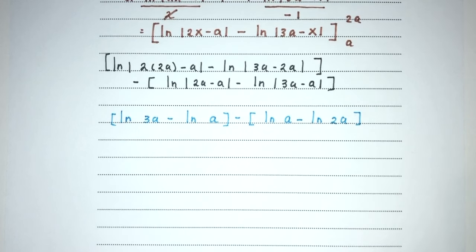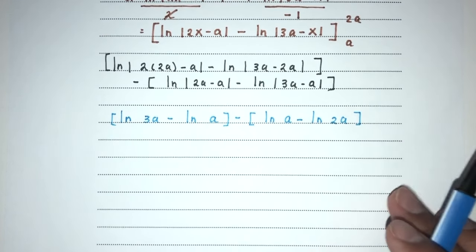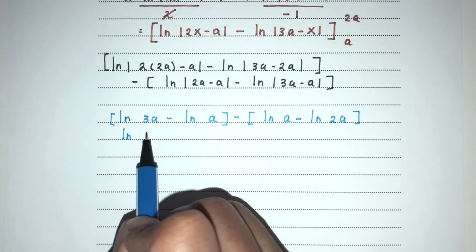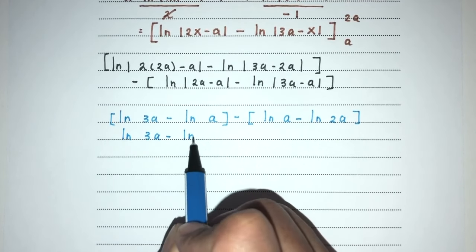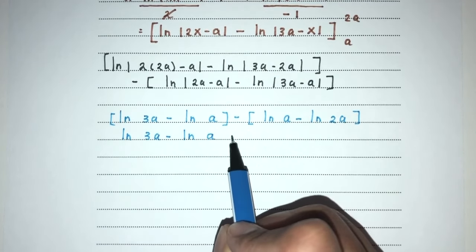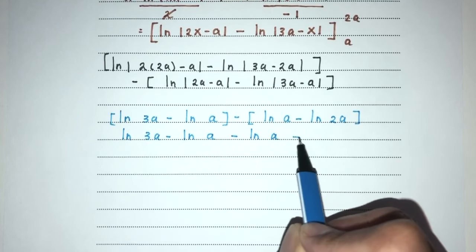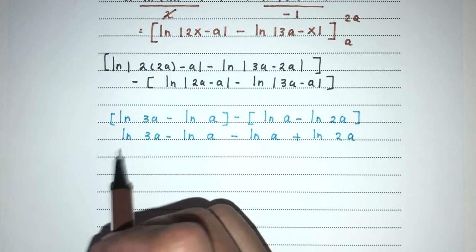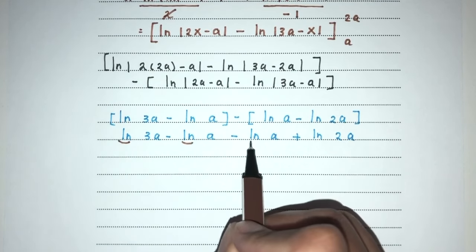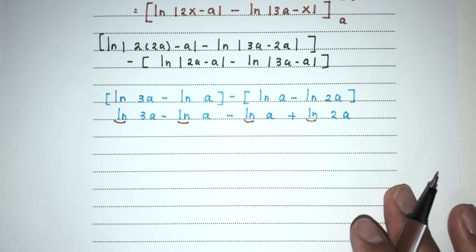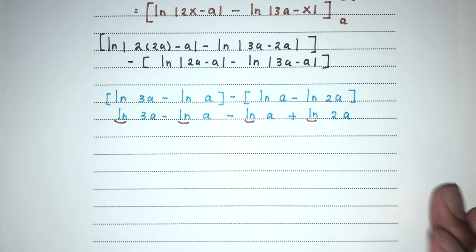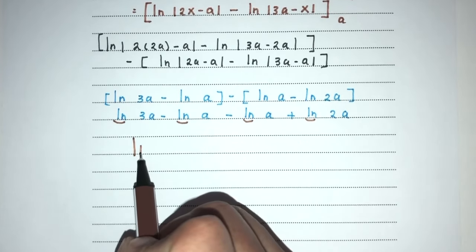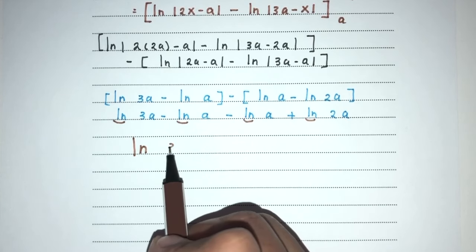Okay, so now we have this. Now we can try to combine them together. So let's write everything down. You will have ln of 3a minus ln of a minus ln of a plus ln of 2a. Now as you can see, since everyone has the same ln, we can combine them together by the laws of logarithms. So we write a big one. Here we have 3a.